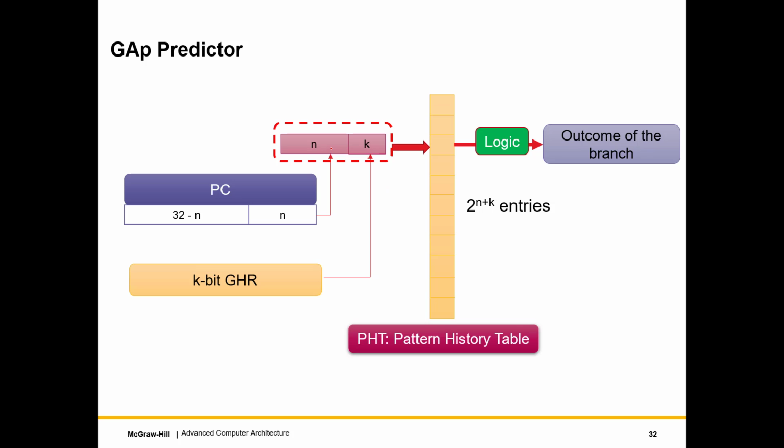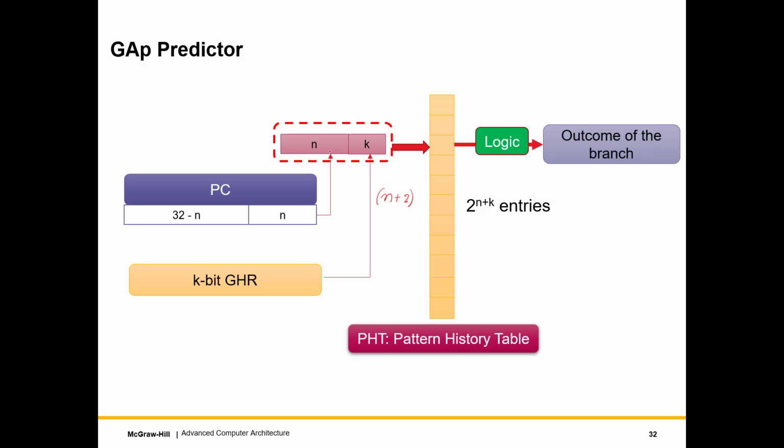So we concatenate n and 2, creating an n plus 2 bit field. This is used to address a table of 2 raised to the power n plus k entries. So this table does not have 2 raised to the power n entries, but it has 2 raised to the power n plus k entries.